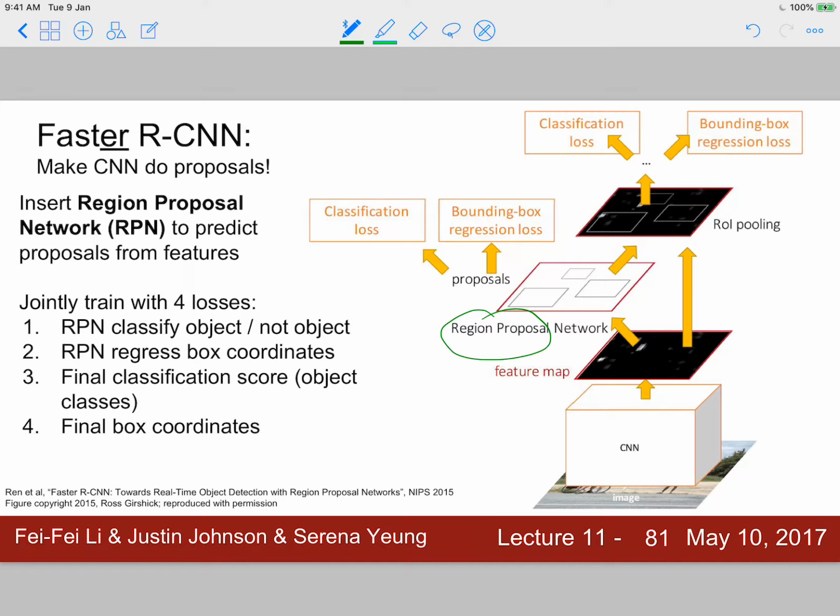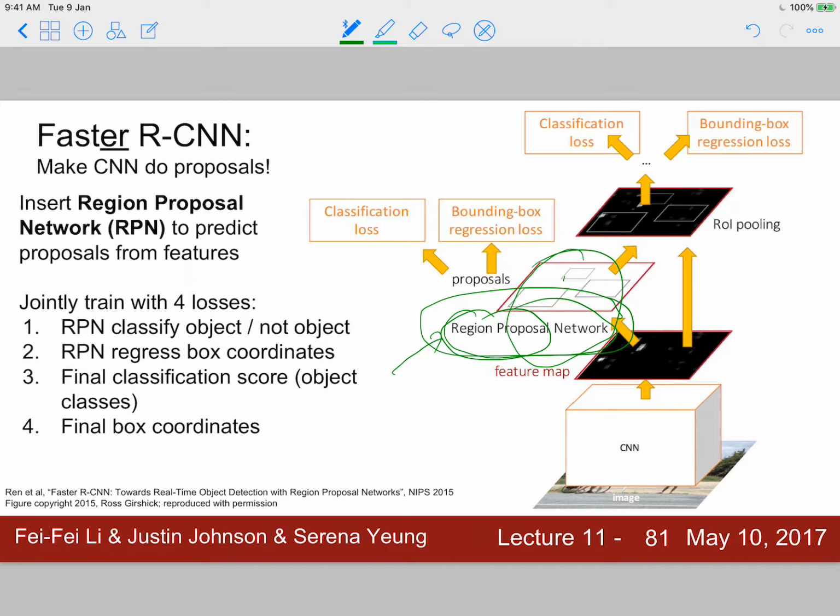In the case of faster RCNN, that region proposal module is actually part of our entire neural net. This lecture didn't discuss the details of how this region proposal network is designed and how it is trained, but at least it is now becoming a part of our entire network, right?